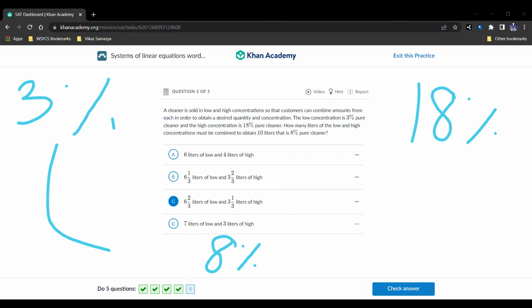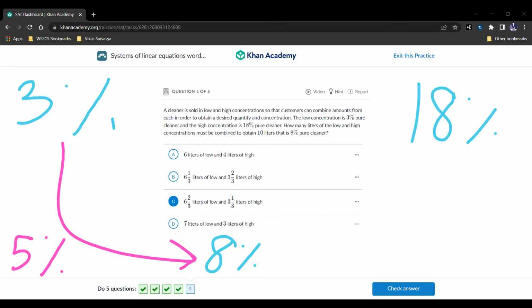The difference, okay, let me use a different color. The difference between this and this is 5%. And the difference between this and this is 10%. So the difference for the high cleaner is twice the difference for the low cleaner, which means that if we take the inverse, the amount of 3% is going to be double the amount of 18%.